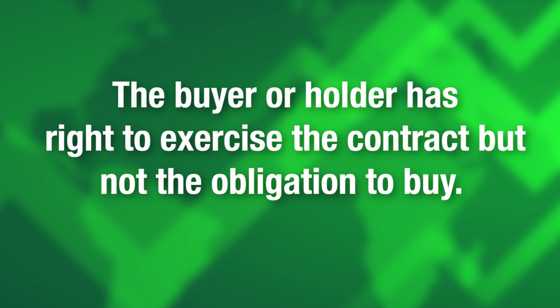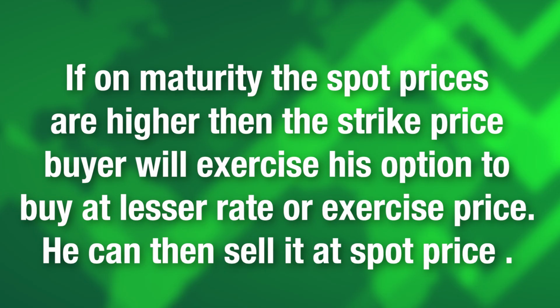The contract is to be exercised by the buyer or holder. He has the right but not the obligation. If on maturity the spot price, the current price of the shares, is higher than the strike price, the buyer will exercise his option to buy at the lesser rate, or exercise price.